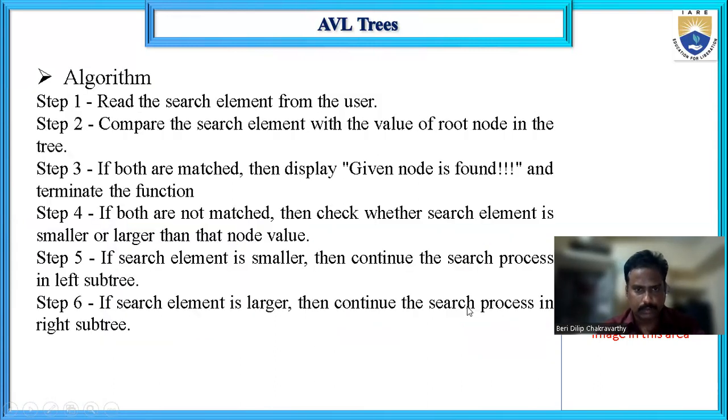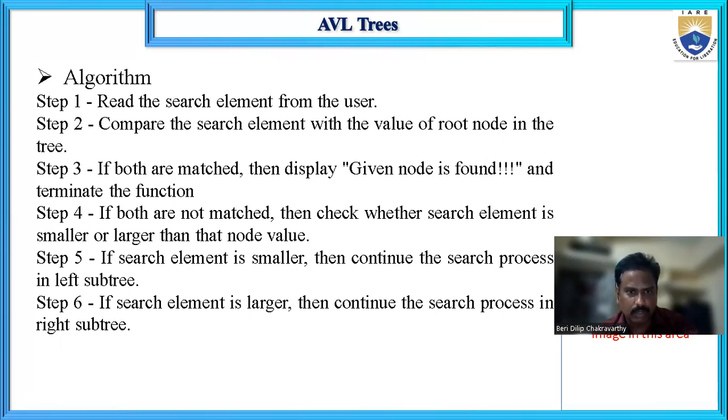Read the search element from the user, compare the search element with the value of root in the tree. If both are matched, then display given node is found. If both are not matched, then check whether such element is smaller or larger than the node value. You are just performing the search. It is similar to binary search tree.